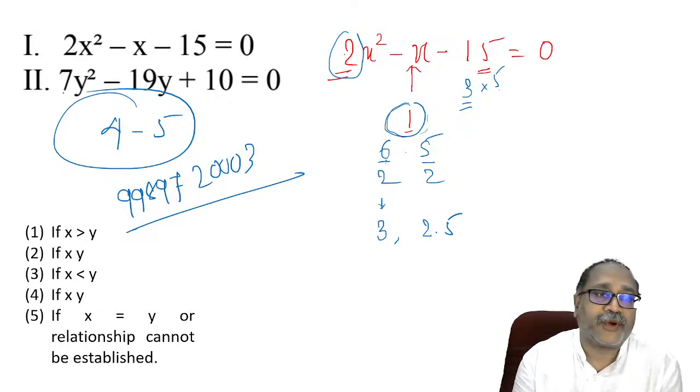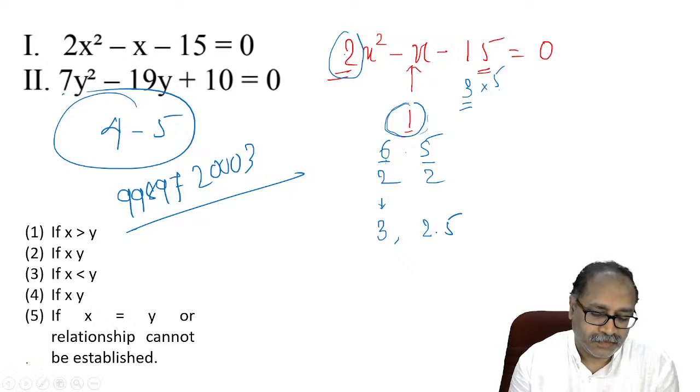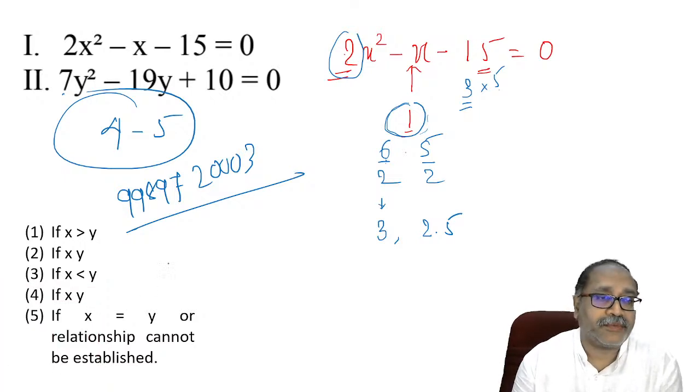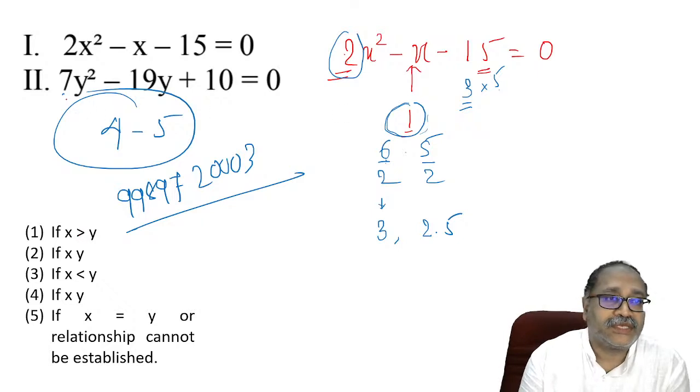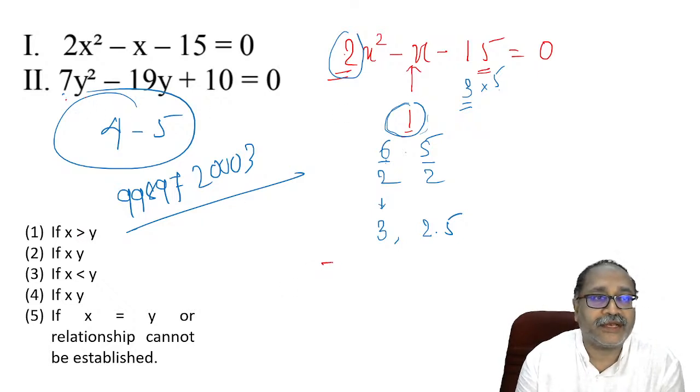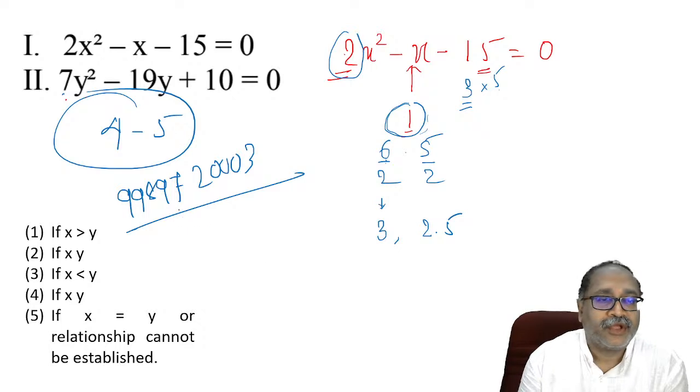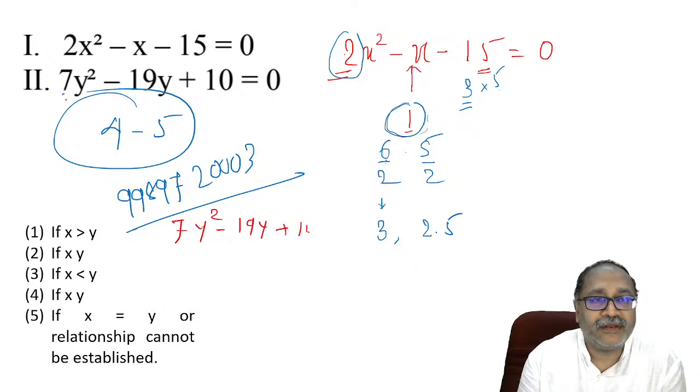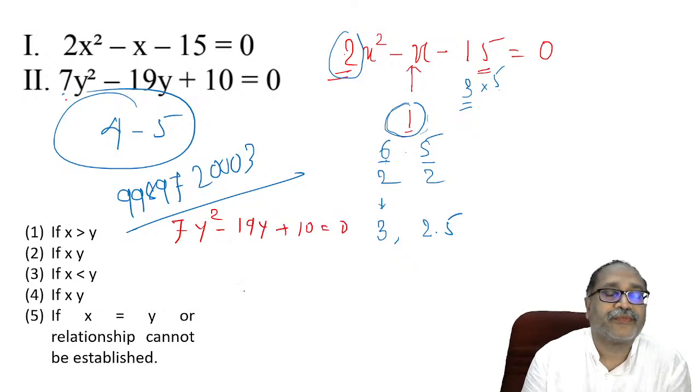Now coming to this part, what is happening? Look at this part. I will also write in a very detailed way here. 7y square minus 19y plus 10 is equal to 0.